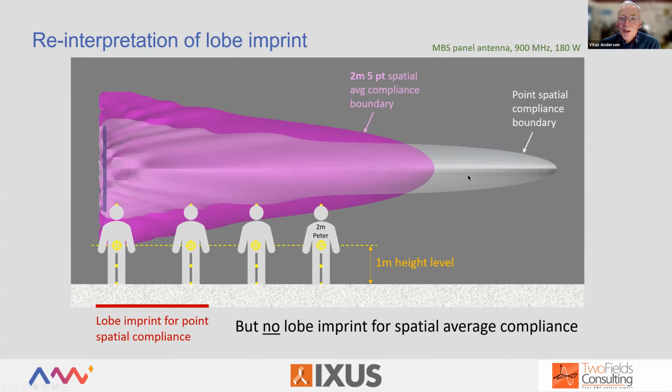But if you're using the old point spatial compliance boundary, then you can see that the lobe imprint, this guy's head starts to get into the gray area, would probably extend out to the length of this red bar here.